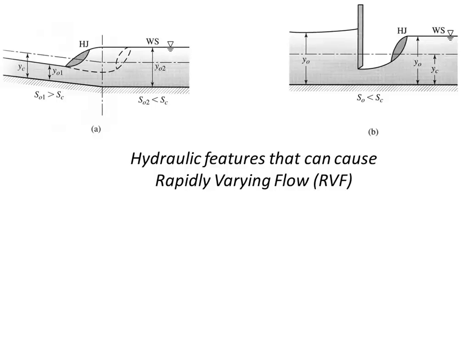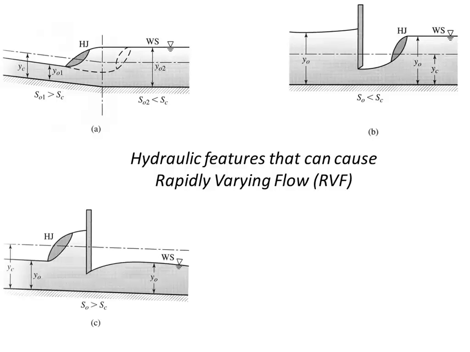And since the slope is mild, meaning that the slope will be supporting only subcritical flow, but yet water comes from underneath the gate at supercritical conditions, it's going to have to go through a hydraulic jump. And so this is another case where we'll use the momentum depth diagram to find the new downstream depth. What will it jump to? What's going to be the depth after the hydraulic jump is what a momentum depth diagram can help answer.